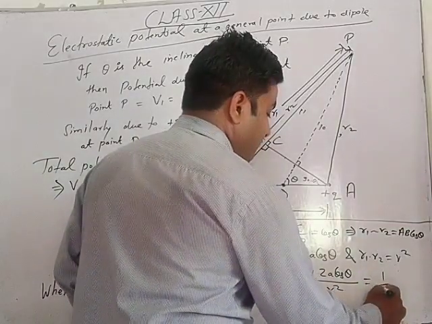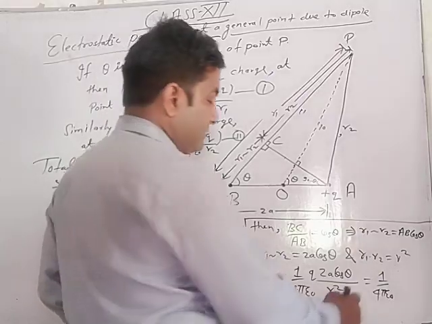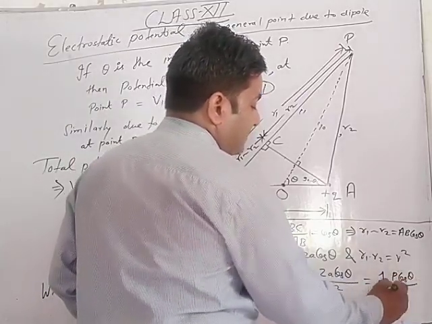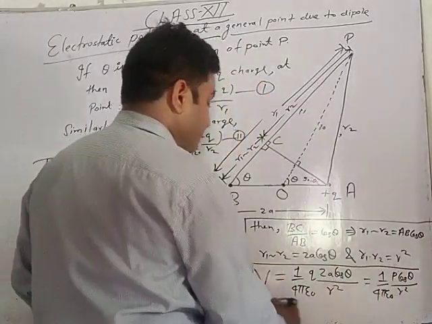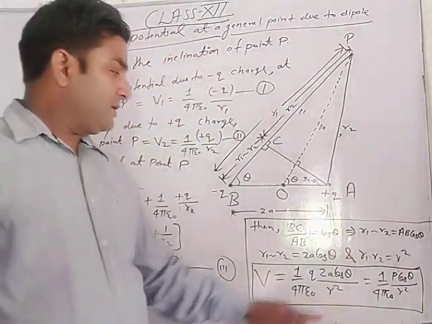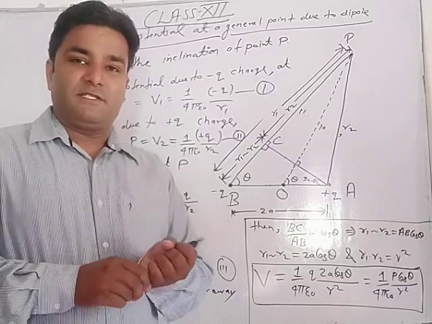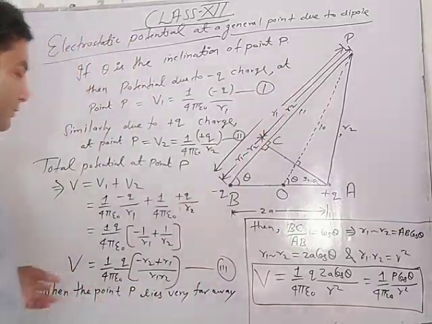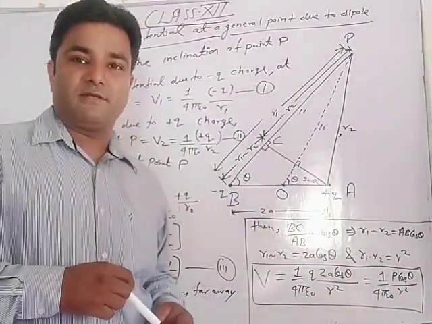So 1 upon 4 pi epsilon naught, and the remaining one, that is P cos theta upon R square. This is the formula for potential. Very simple formula. And this is the general formula for potential at a point P due to a dipole. With the help of this formula, we can derive the two conditional formulas.